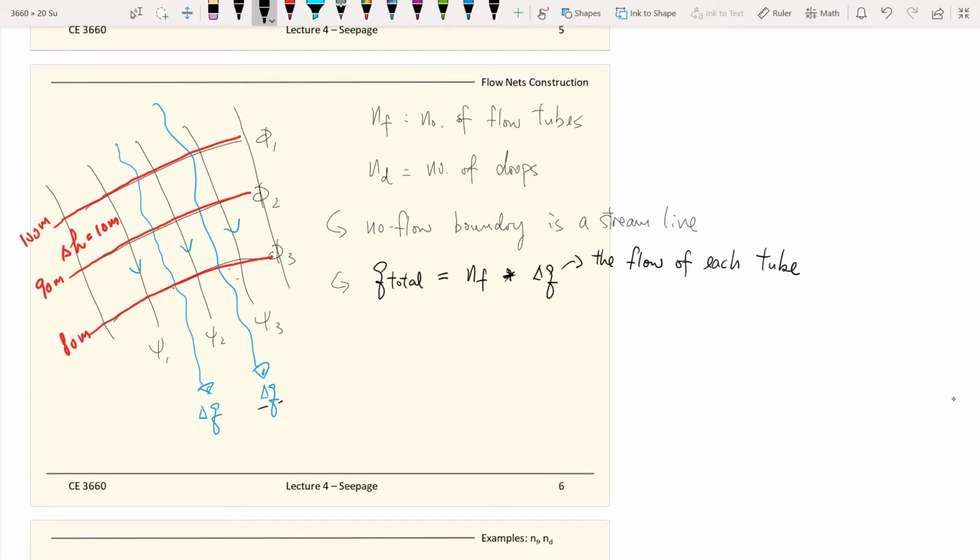In other words, n sub f is equal to the total flow divided by delta Q.